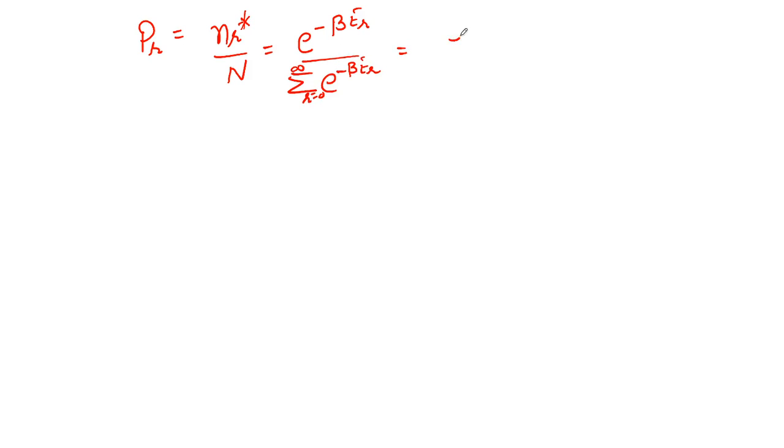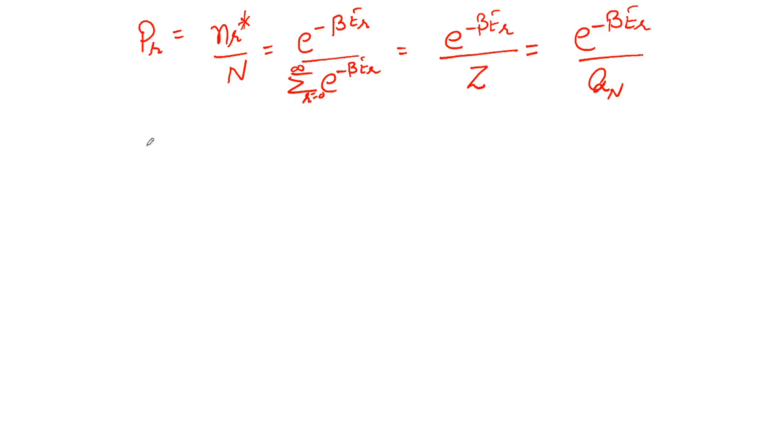This denominator term is generally known as the partition function, denoted Z, or in some books Q_n. You can use either notation, it's up to you.